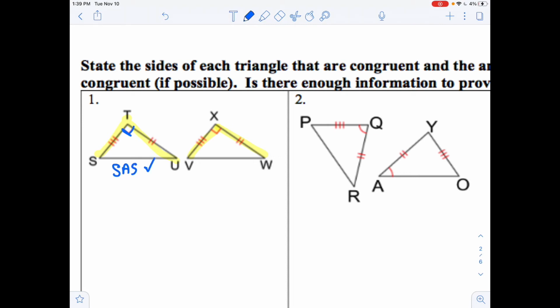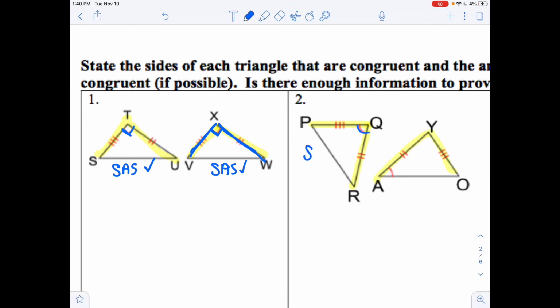We're good. This one over here, I have a side, and I've got that included angle in the middle. We're good there. So side angle side, done. Great. Now 2, let's check 2. Again, check each individual triangle. I've got a side and a side.